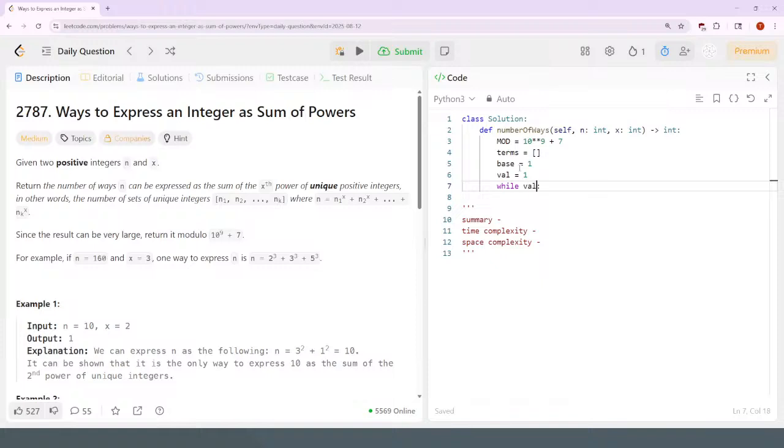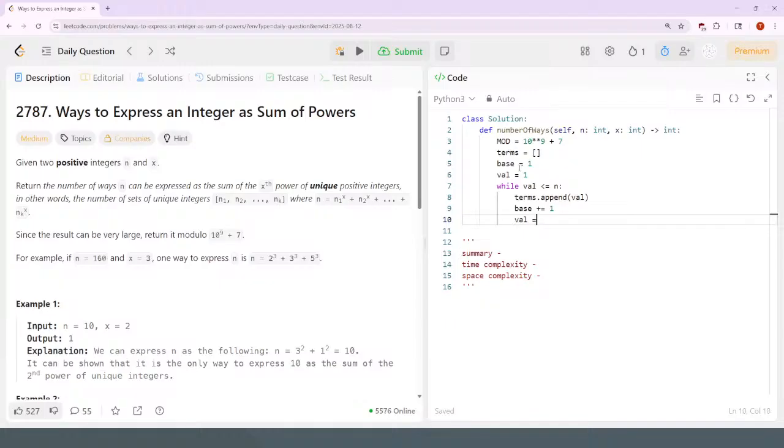Let's say while value is less than or equal to n, and the value is the value of the exponential term, terms dot append this value, and then the base increments by 1, and the next value is equal to base to the power x.